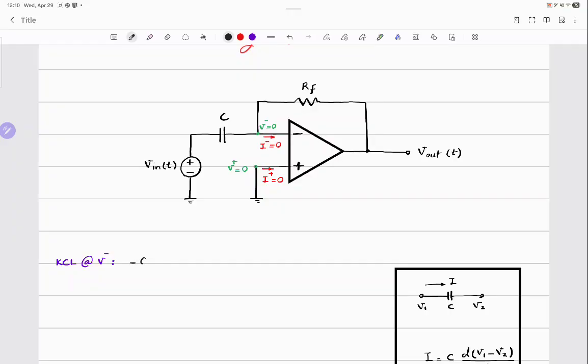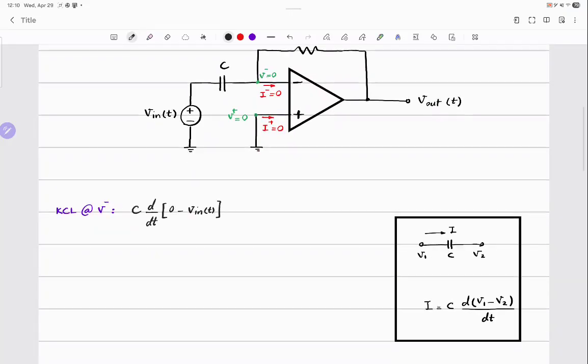Negative C dV in, or let me actually write it like that. It's better to write it like that: C d over dt of 0 minus V in. If you remember that for a capacitor, we had this formula. So I applied that here.